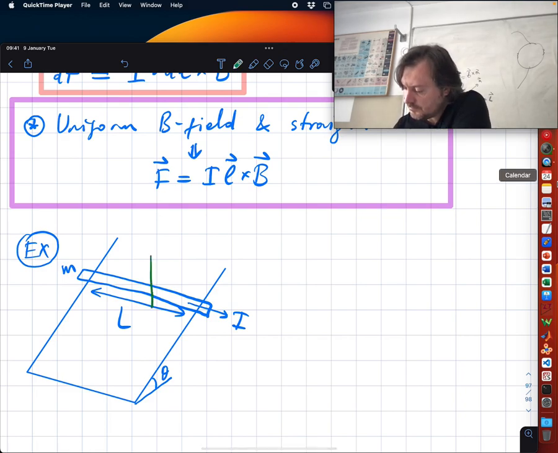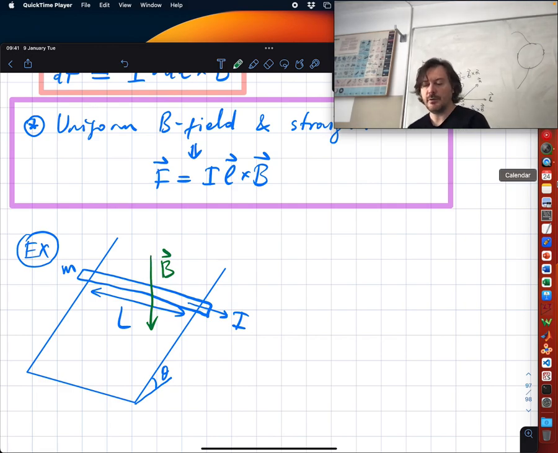Plus, there is a magnetic field pointing down. So far, do you understand the geometry? The question is, if this wire is at equilibrium, then what is the current in terms of everything else? Do you understand the question? Yes?